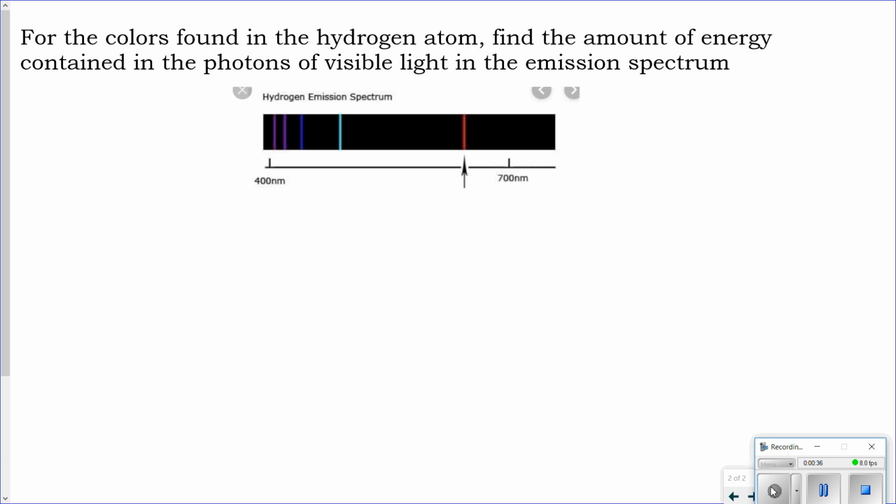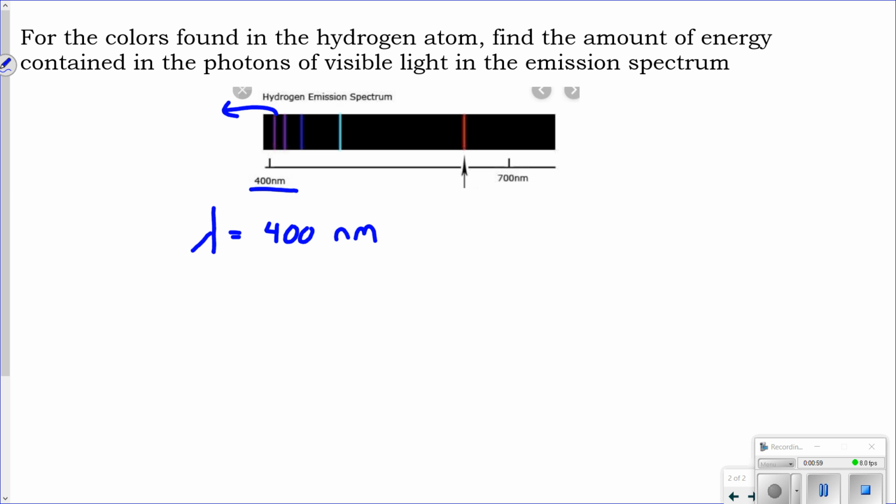So here's a copy of the emission spectrum of hydrogen. And I thought I would review also how to get the frequency from the wavelength. So I'm going to do this for purple. And I'm going to call the wavelength of the purple or violet emission 400 nanometers.